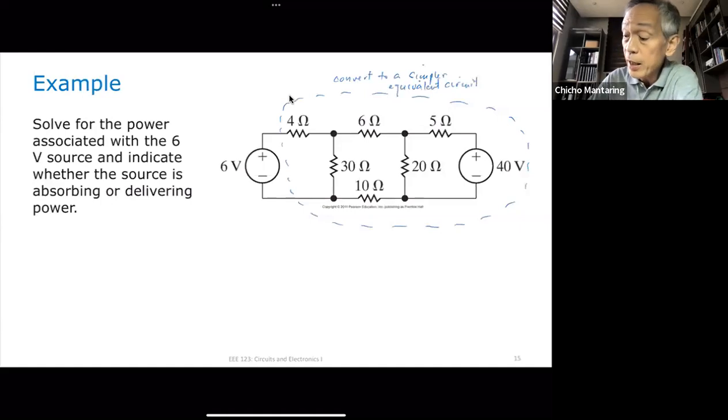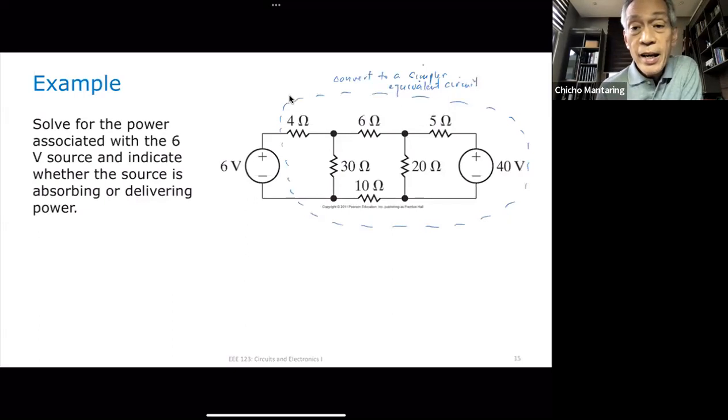I just have to make sure I preserve the terminals of the 6-volt source. So ang i-convert ko is everything else outside of that 6-volt source. When you do that, usually you start at the far end. Umpisa ka sa pinakakanan, and then you work your way back toward the 6-volt source.